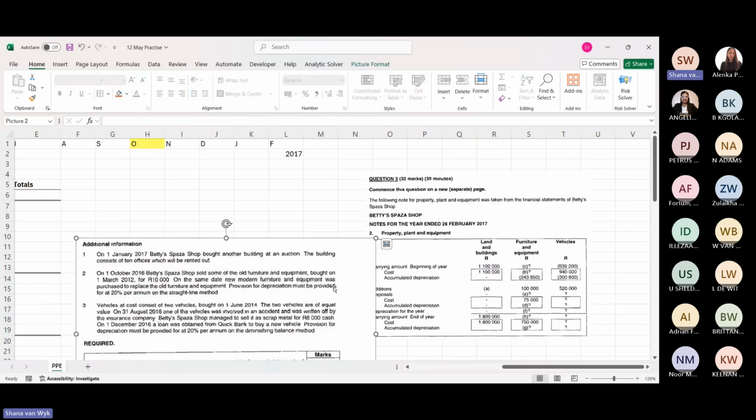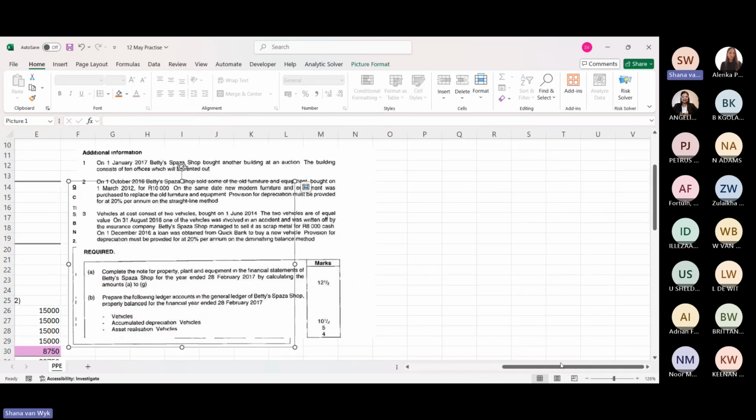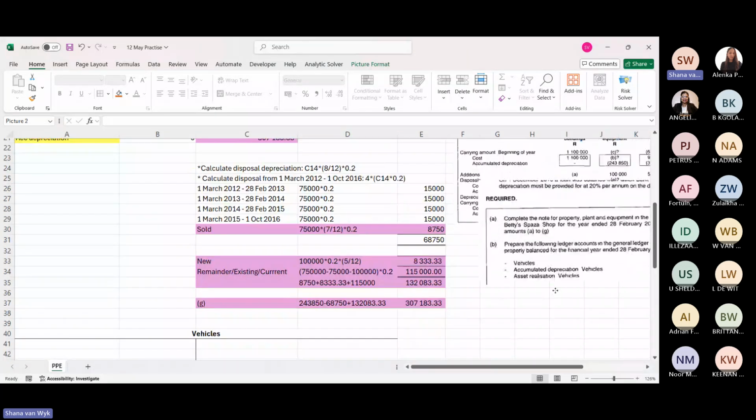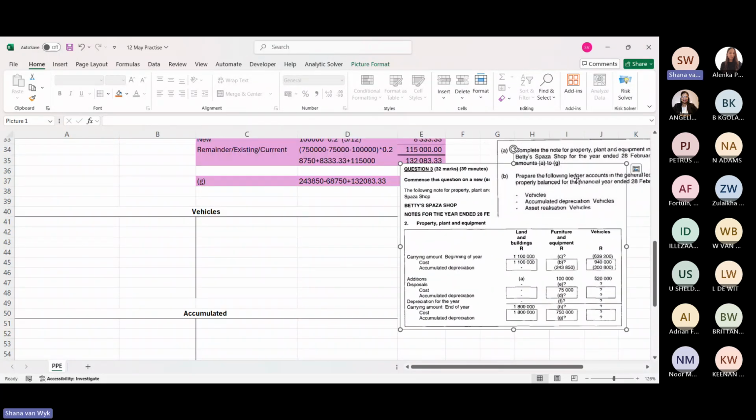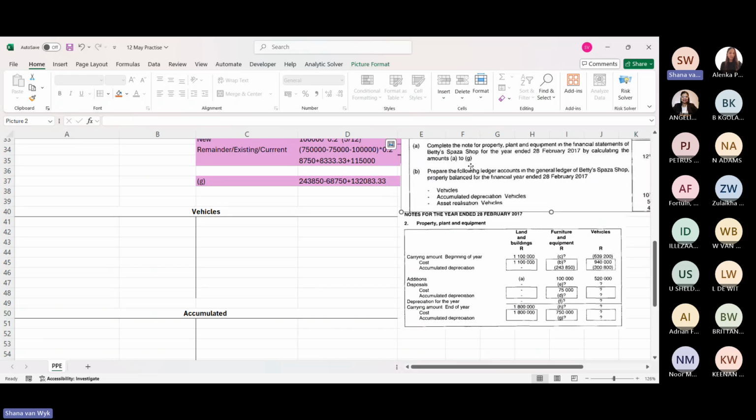Okay, let me just bring this down so that we can see what we are busy with. Okay, so we have vehicles. So we have vehicles at the beginning of the year. Guys, I'm just going to say balance, and 940.